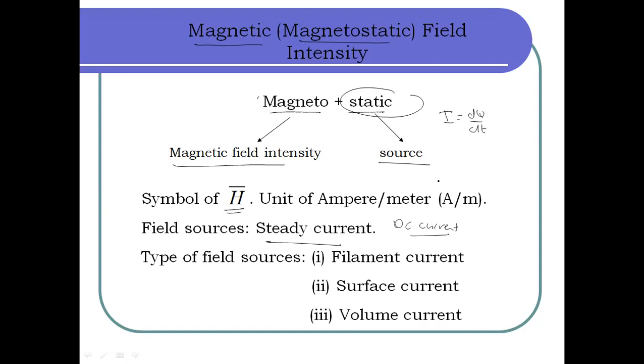There are three types of sources which can be used to generate the magnetic field intensity in general. We can have the filament current, we can have a surface current, and we can have a volume current.